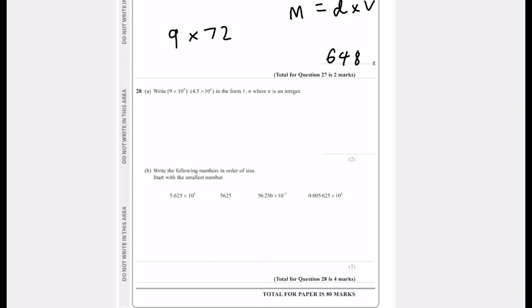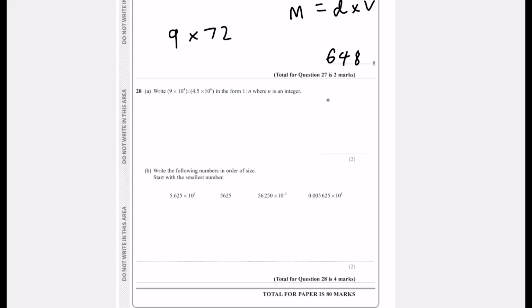Question 28. Write the ratio 9 times 10 to the power of 4 to 4.5 times 10 to the power of 6 in the form 1 to n, where n is an integer. So we could turn these into ordinary numbers. That would be 90,000 and 4.5 million.